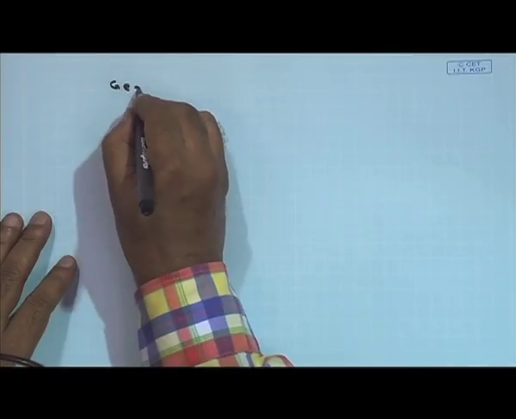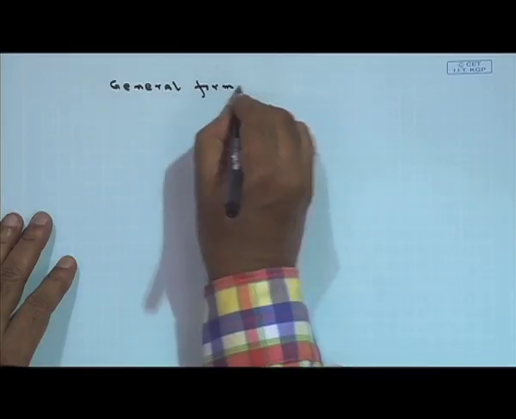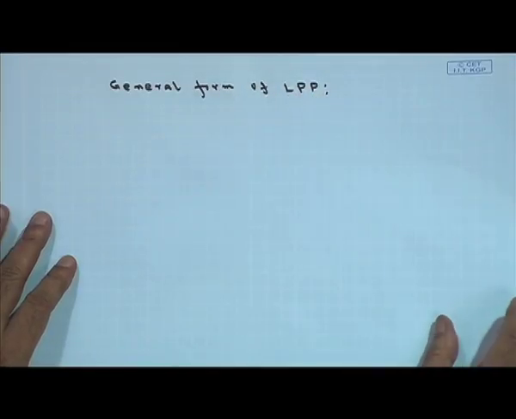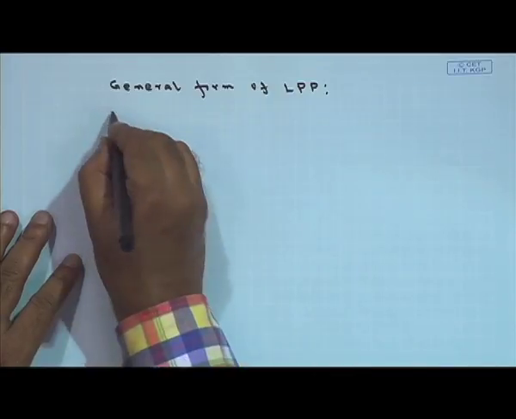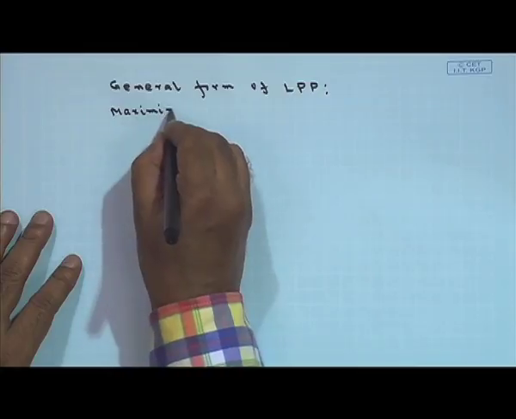So, the general form of a linear programming problem: I am writing maximize, it can be minimize also, I will come to that.